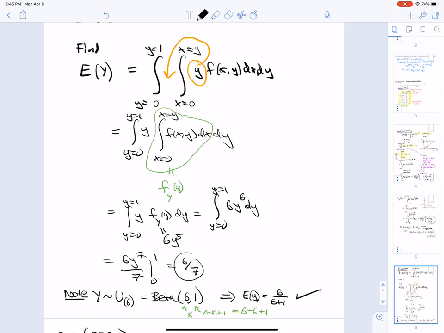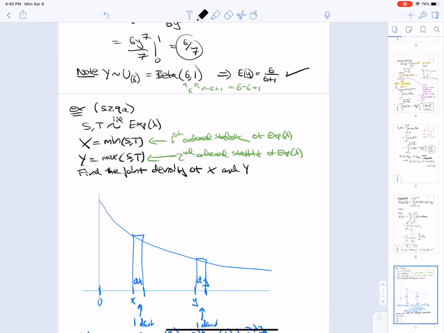This makes sense because y is the 6th order statistic, which is a beta 6,1, and we know the expectation of a beta 6,1 should be 6 over 6 plus 1, or 7.